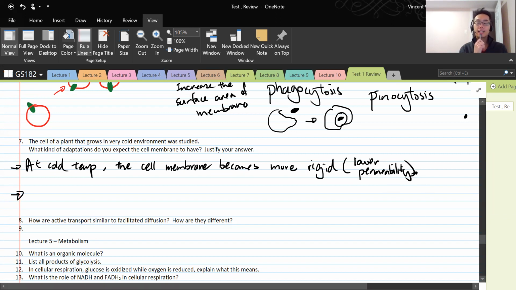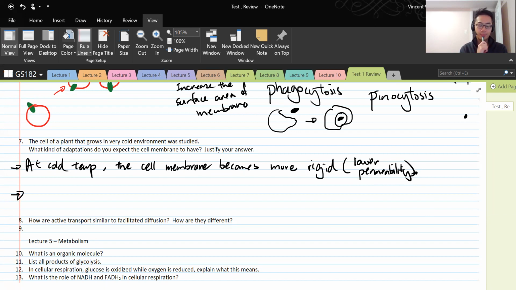It's a tricky thing to talk about. If it's a plant that goes into a freezing temperature, based on what we talked about in class, you are thinking if it freezes, the crystal will puncture the cell membrane, and then it will become very leaky, right? Is that your logic? Yes.